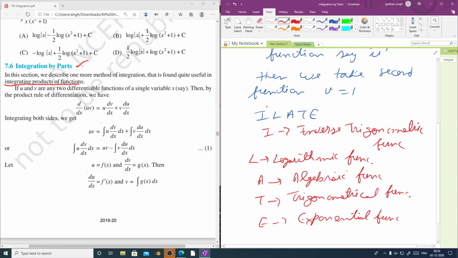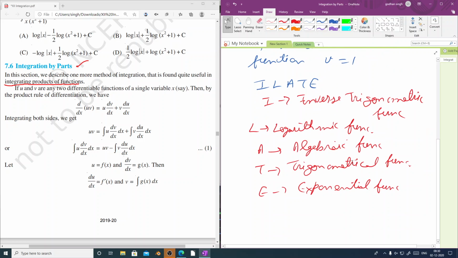So, what is this rule? In this order, whichever comes first, we take as the first function. For example, the question may be like, just giving an example, integrate x sine inverse x dx.